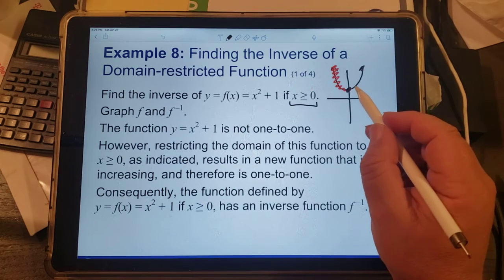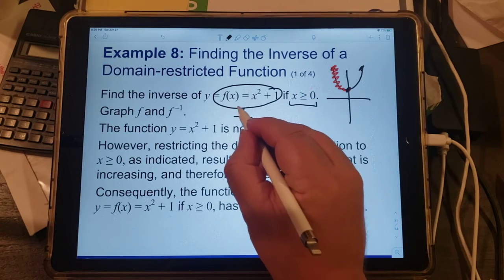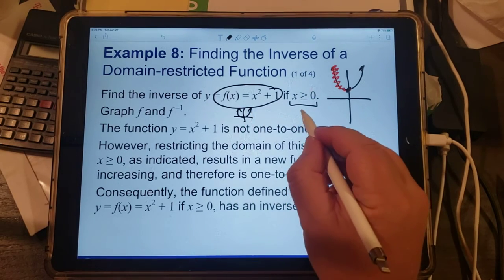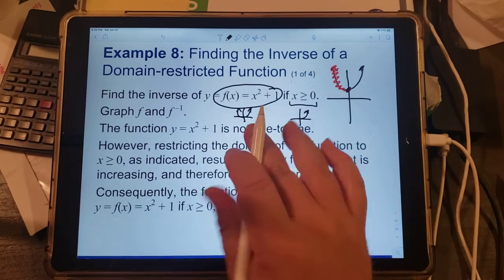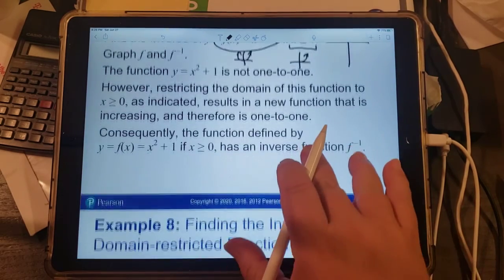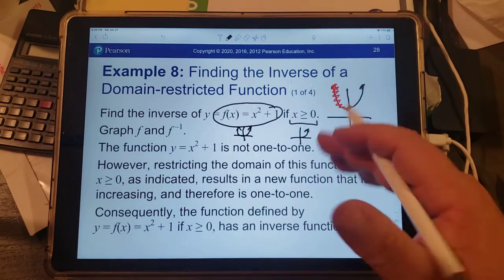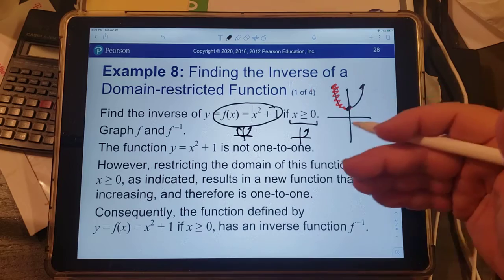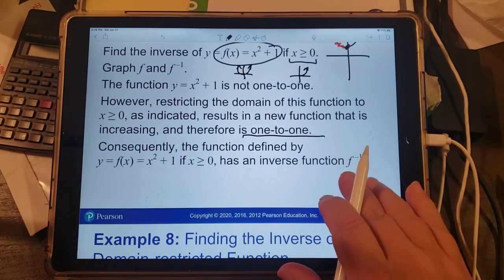So just to be clear, there's a difference between just saying this and giving you the entire parabola and saying x is greater than 0 and restricting half of it. That's what they're doing. By the way, they could have said x is less than 0 and that would have given you the other half, but restricting the domain sometimes is necessary to make sure the function is one-to-one.